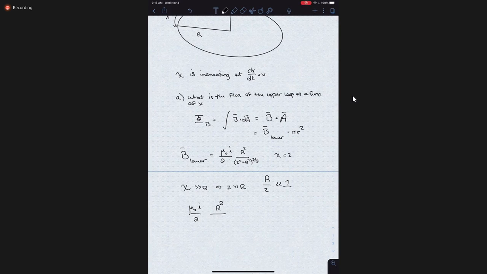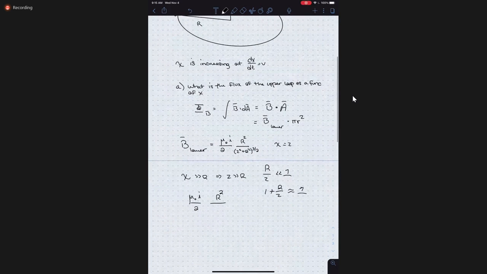So in that case, we can say that this expression, 1 plus r over z, is essentially just 1. That's why we always write it like that. Reason being, I want to factor out z, because if I factor out z outside of this expression, then I'll be left with r over z and a 1. And then I can use this to approximate that as equal to 1.